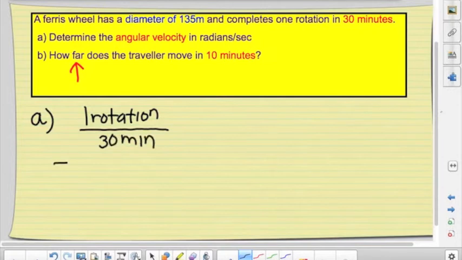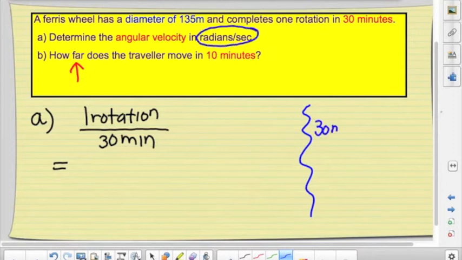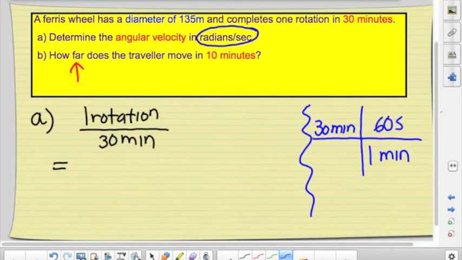That we know. To do a little conversion on the side, because we're trying to figure out in radians per second, we need to convert that 30 minutes in 1 minute. I know I have 60 seconds. So the minutes cancel out, and 30 times 60 is going to give me 1,800 seconds.